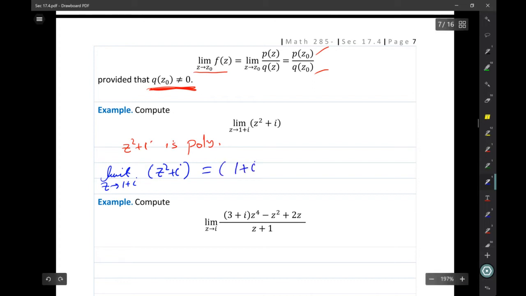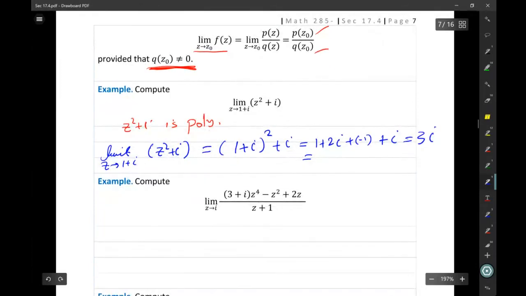It becomes (1 plus i) squared plus i, which equals 1 plus 2i plus i squared, which is minus 1, and that is plus i. Now 1 minus 1 is 0, and 2i plus i gives us 3i. So the limit is equal to 3i.